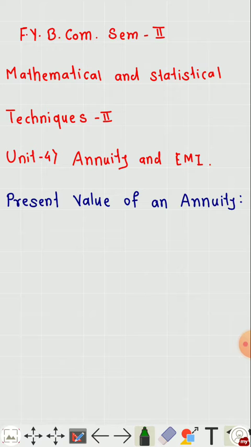Suppose I need a sum A after a certain number of years. I have two options. The first option is I start with an annuity of periodic payment of rupees R to achieve my goal at the time required.